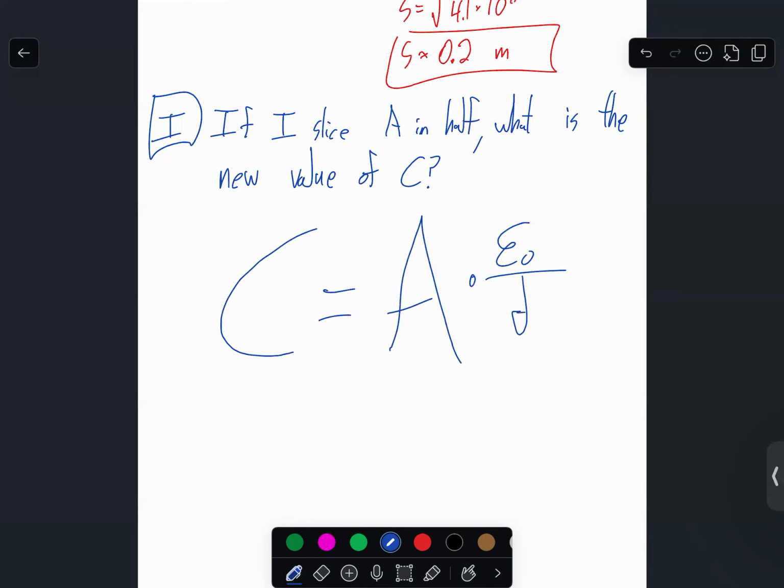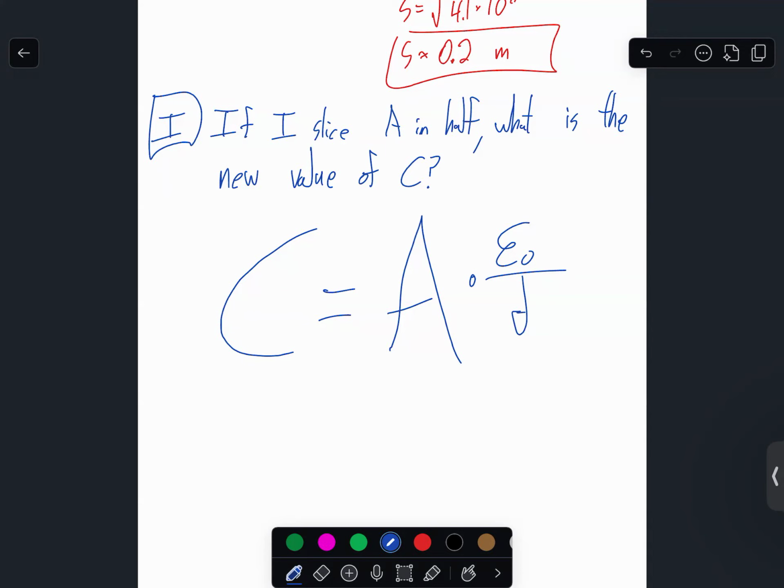I can rewrite A epsilon over D as A times epsilon over D. Doesn't matter the order I multiply and divide by, as long as numerators stay upstairs and denominators stay downstairs. If I've got C equals A times epsilon over D, and I want to reason about proportions, this doubles, this halves, this quarters, I can imagine that every other quantity in the algebraic expression stays the same.